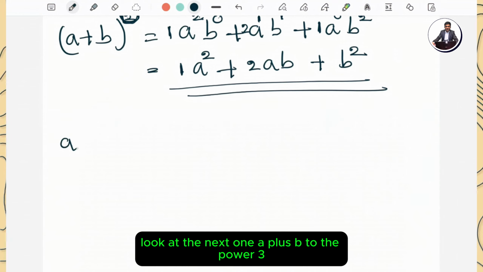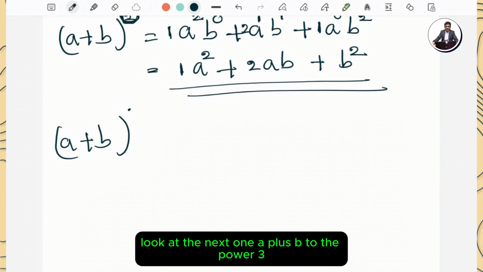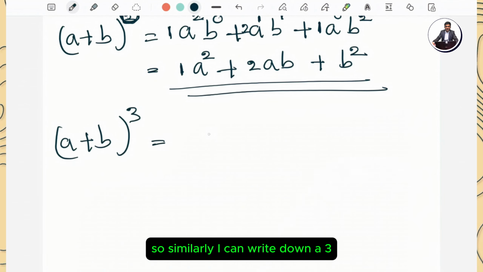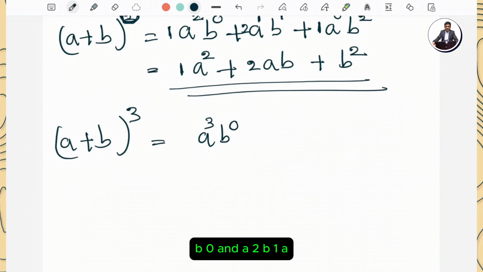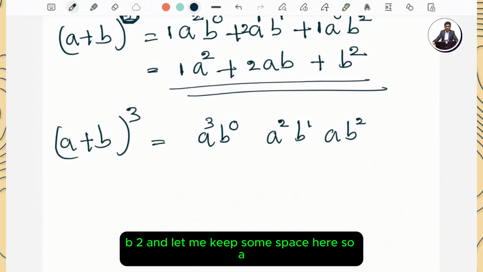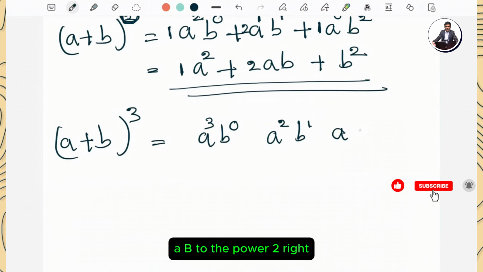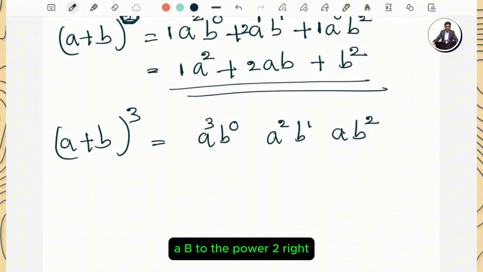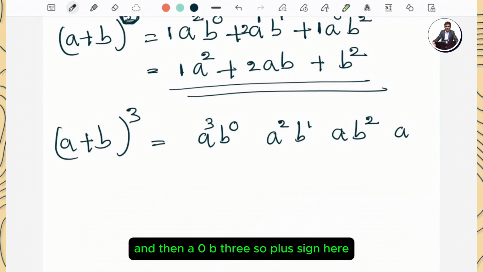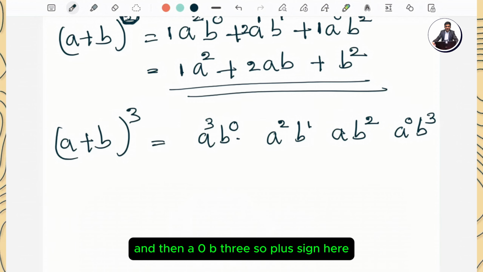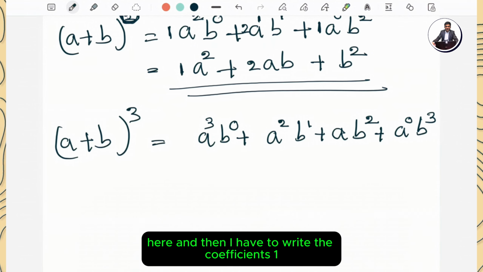Look at the next one, (a + b) to the power 3. Similarly, I can write down a3 b0, a2 b1, a b2, and a0 b3, with plus signs between them.